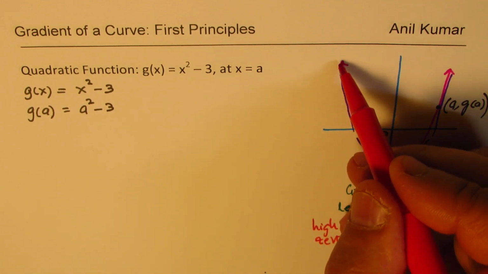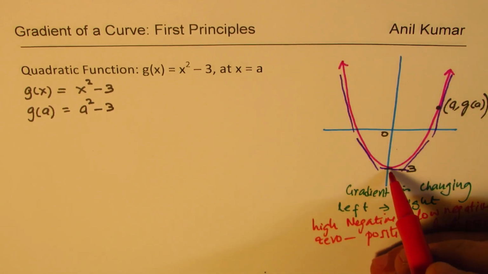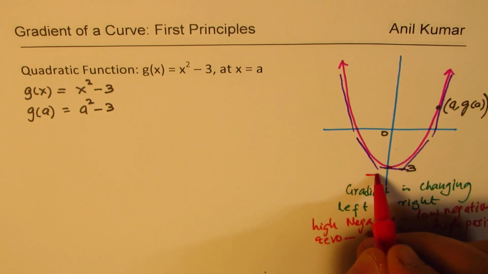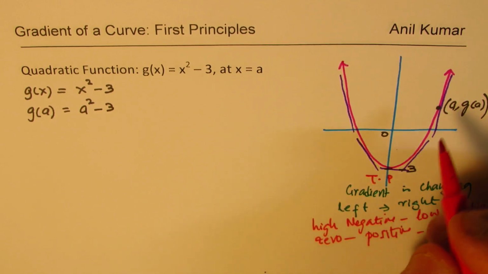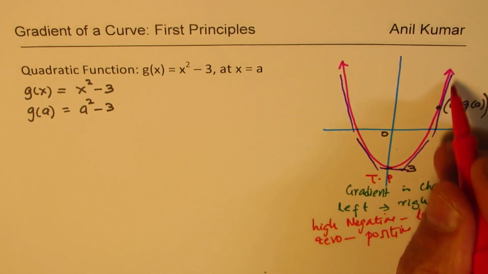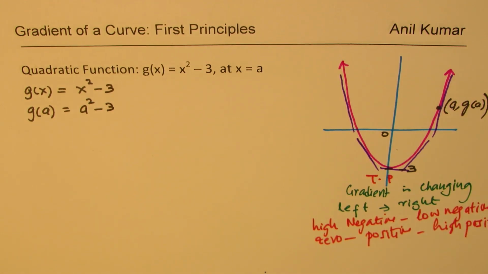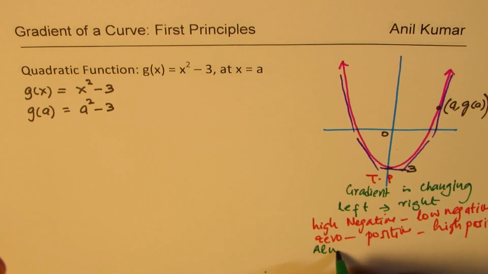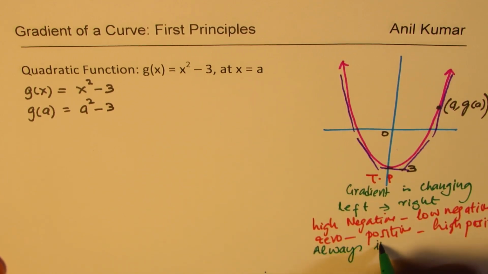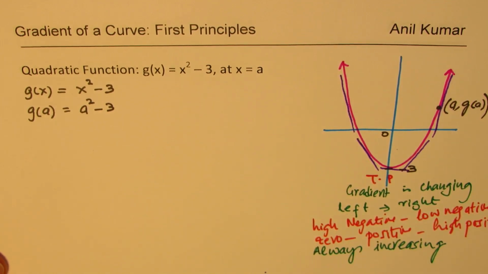Correct? So it is a very large negative value, less negative value, 0 here at the turning point. Right? So we have a turning point here where it is 0, then it starts becoming positive. Correct? So the slope is going in this order, which we can say is always increasing. You see that?